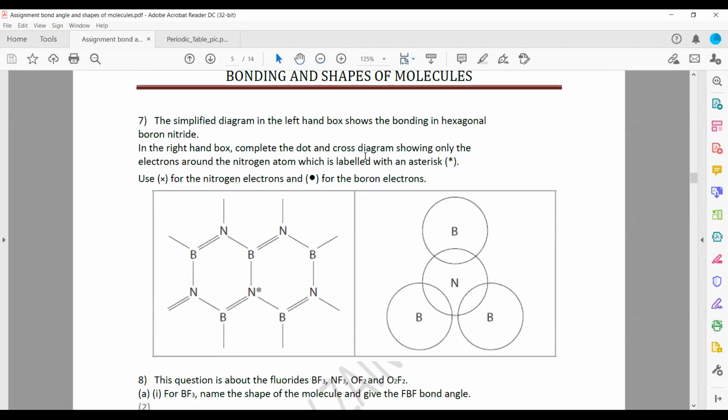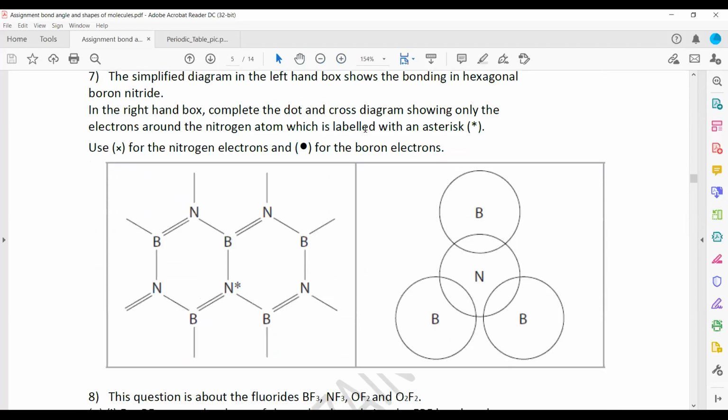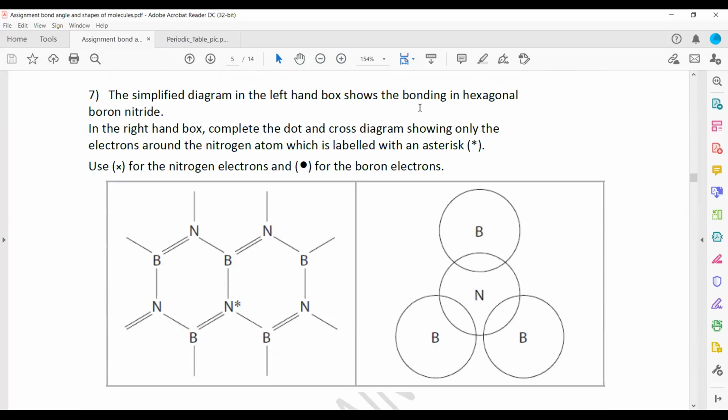Another question: the simplified diagram in the left hand box shows bonding in hexagonal boron nitride. So basically different units of boron nitride are joined with each other. In the right hand box, complete a dot and cross diagram to show only the electrons around the nitrogen atom, labeled with an asterisk, and use a cross to represent electrons of nitrogen and a dot to represent the boron electrons.